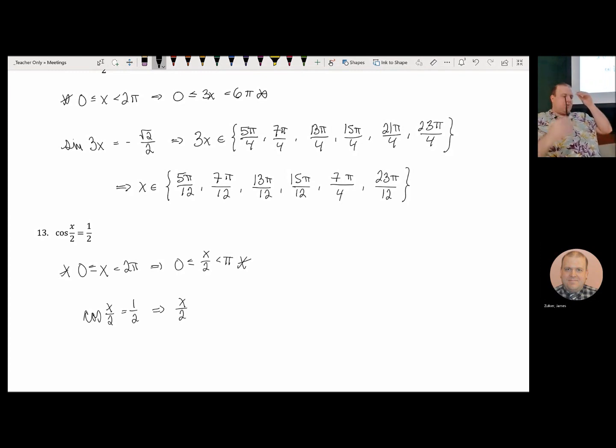Where would cosine be 1/2 between 0 and pi? Pi over 3. So we only have one solution. X is 2 pi over 3.